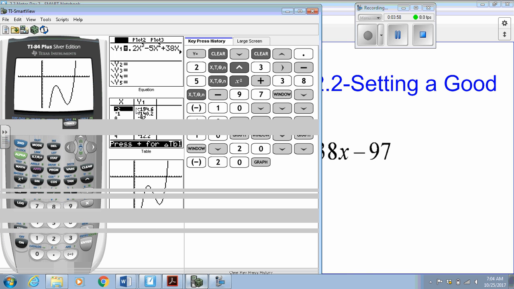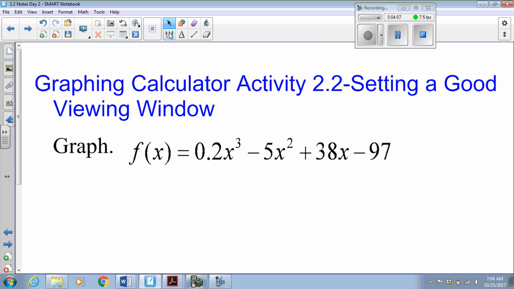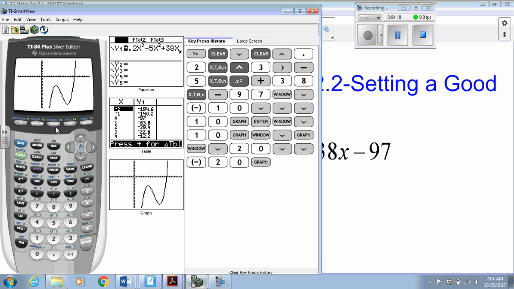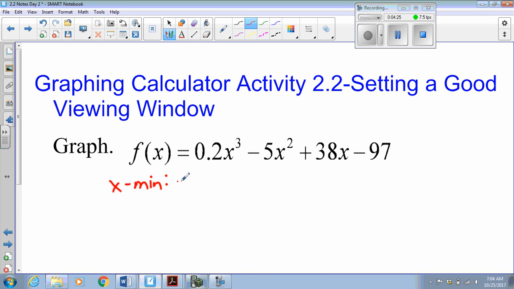On your homework, which is page 103, numbers 4 and 6, you need to write what your window is. We're going to say x-min, because we have to write our minimum here. The x-min that we chose, and if you need to go back, we can always go back to window, was negative 10, so we're going to write that down. Now our x-max.